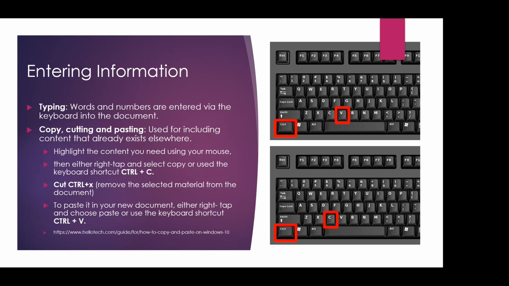Now, the other thing that you need to know is how Control X works. Control X is actually really cool because it's not just cut. It's cut and copy, okay? So cut and copy means that not only does it cut it from your document, but it's ready to be pasted somewhere else, okay? And I'll show you examples of these next week.